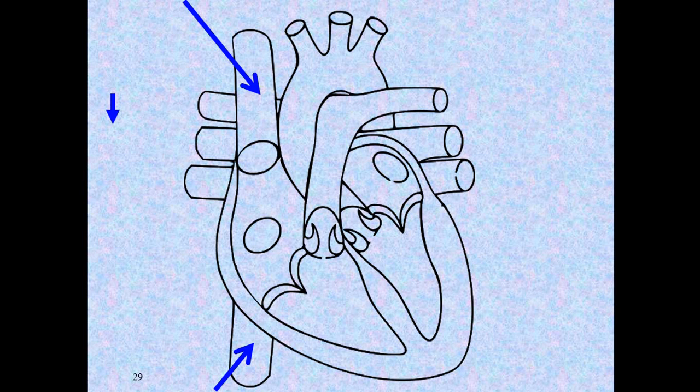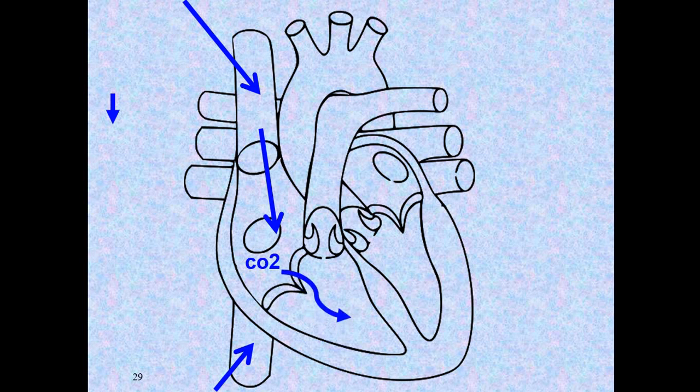Then the heart, or the right atrium, is now filled with blood rich in carbon dioxide. So again, the superior and inferior vena cava collect the blood rich with carbon dioxide from all body cells and go to the heart to give it to the right atrium.